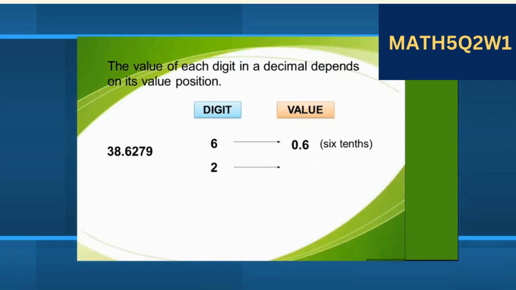The value of digit 2 is 2/100. For digit 7, its value is 7 thousandths. And digit 9 has a value of 9 ten-thousandths.